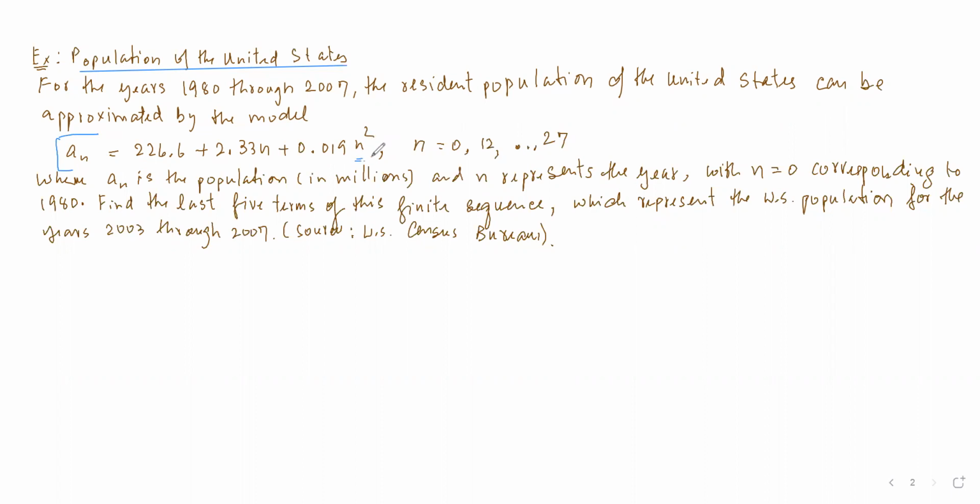You see this n to the power 2, right? If I write it as a function, it's 2.6 plus 2.33x plus 0.019x squared. What kind of graph is that? A parabola, right? But now this one is about a sequence, so that's why they use n.